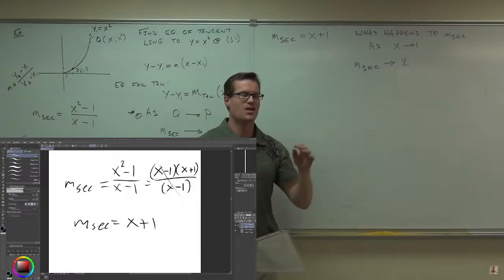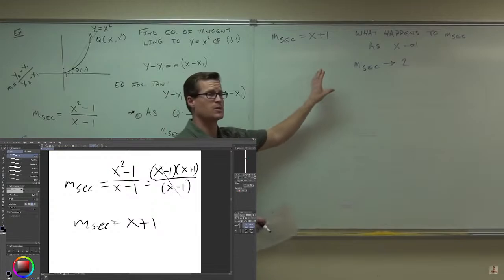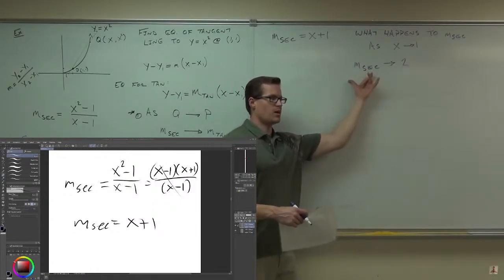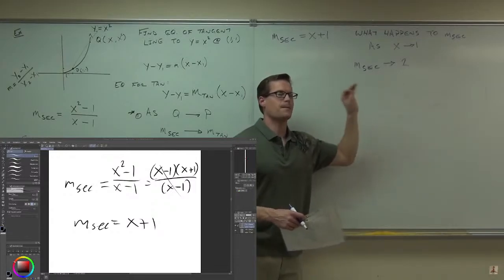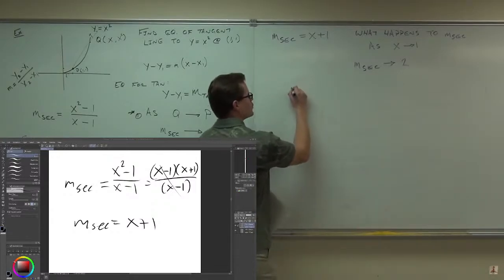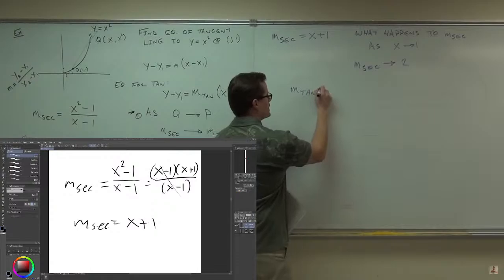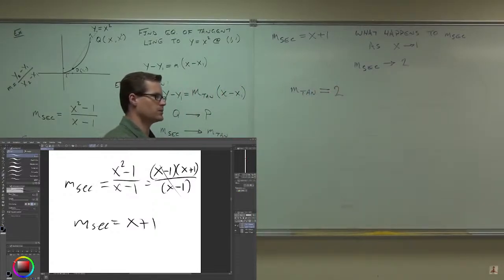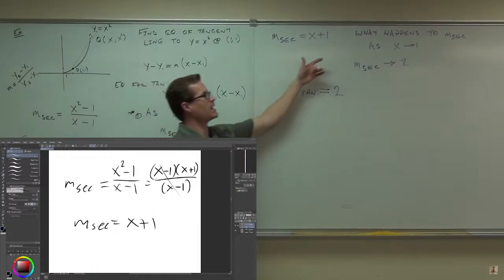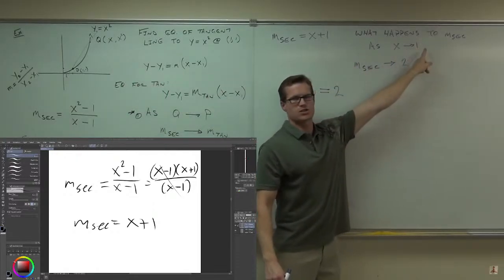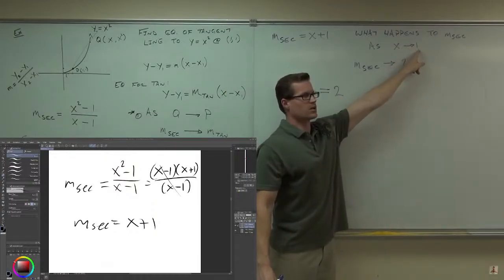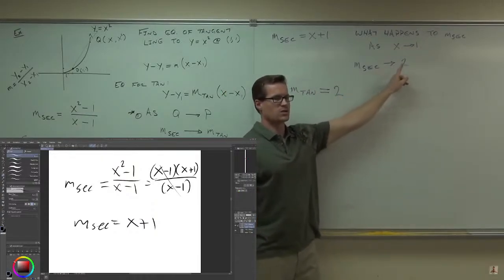Here's what that says. This lets us make the jump. This is a limiting position. It says that we know the limit of the slope of the secant line is 2. What that means for us is that the slope of the tangent line actually is 2. That's the jump. If x gets really, really close to 1, the secant line gets really, really close to 2.